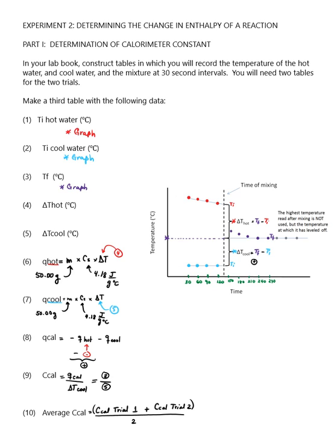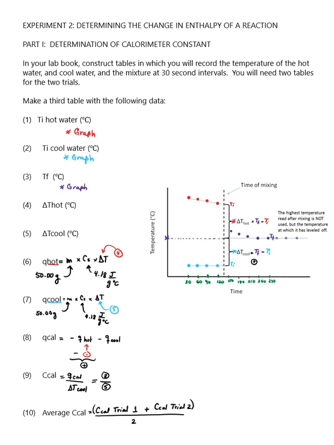So you have your graph, and from the graph, you can calculate the change in temperature. Now, you can also get those temperatures from your list. Ti for the hot water is not the first measurement of temperature that you have in your table. Ti is your initial temperature, and that one is right before mixing.